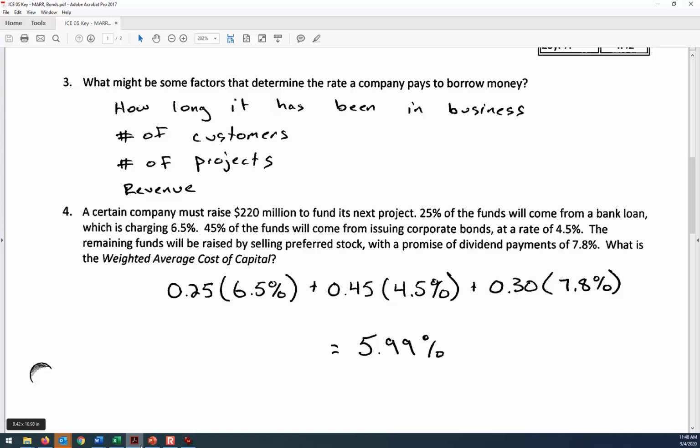It's going to be 5.99% because a quarter of it will be at 6.5%, 45% of the money you borrow you're paying 4.5% for, and then 30% of the money that's borrowed is going to cost 7.8%. And so the weighted average should be 5.99%.